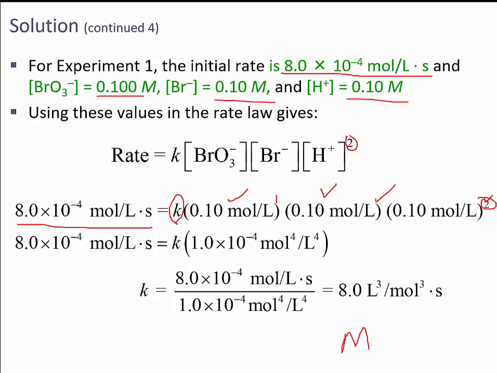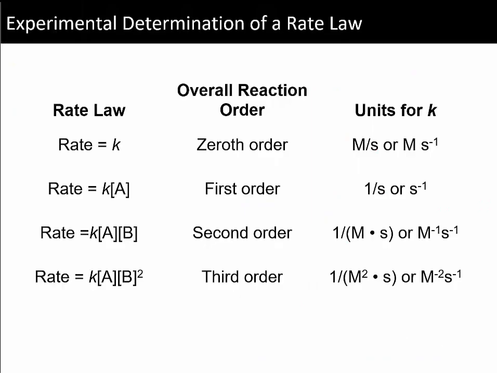So this is going to end up as molar to the minus 3 seconds to the minus 1. And anytime you have a 4th order reactant, the units are always going to be M to the minus 3 seconds to the minus 1. Okay? And that's a trend that's going to show up for all of these Ks.